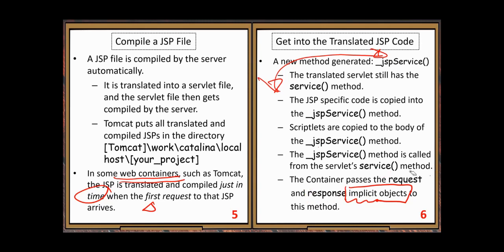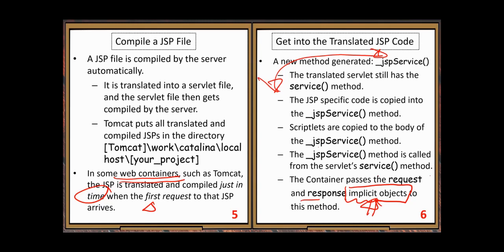When I use this font, that means we expect the same spelling in our code. That's not a regular word; that's the word we need to use in our programs. The spelling: request, response. They are implicit objects to this method.